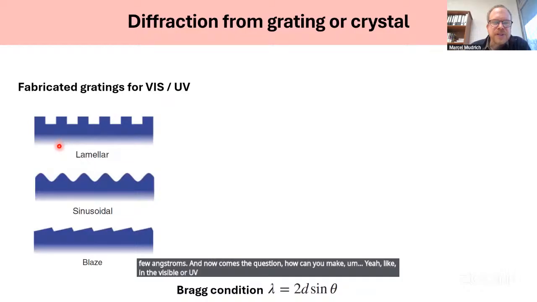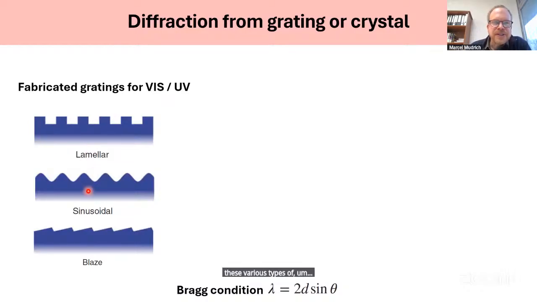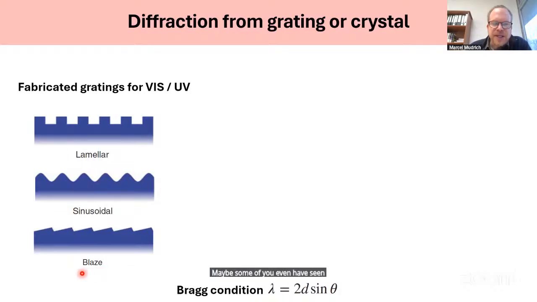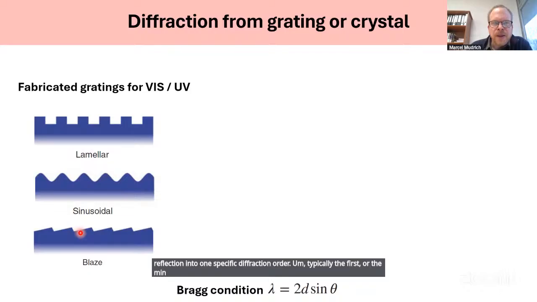You probably have seen these various types of gratings that can be used for diffracting light. Maybe some of you even have seen blazed gratings. That is a grating that has this specific surface structure, which is made for optimizing diffraction into one specific diffraction order, typically the first or the minus first diffraction order.